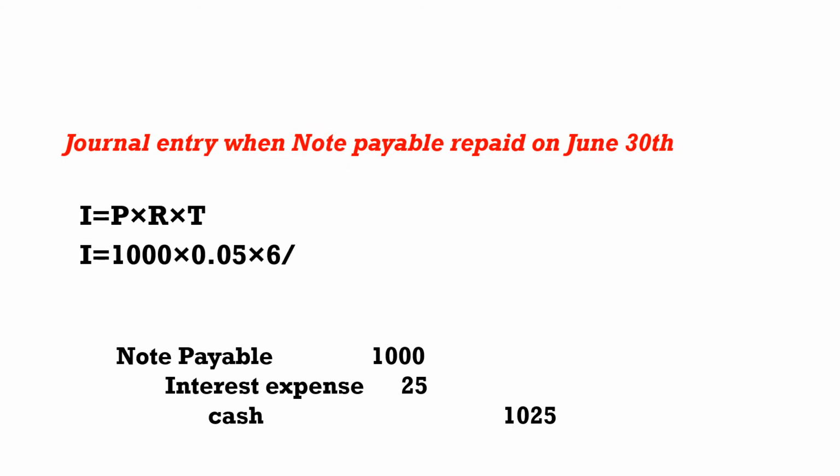You have the interest, the note payable, and the cash that is leaving. Your record will show as a company that you have paid off your note payable, and you have incurred interest expense of 25, and the cash that has left the bank is $1,025.